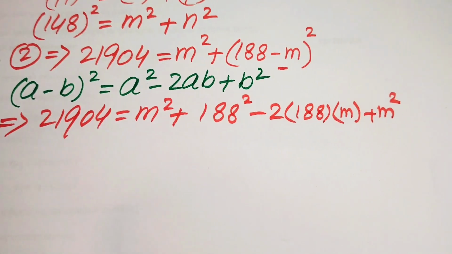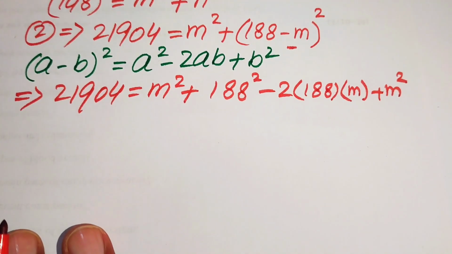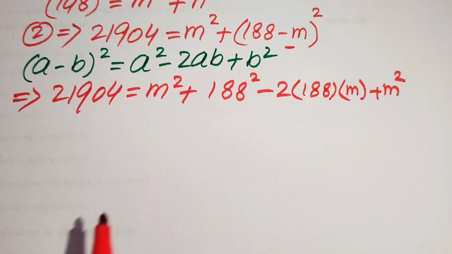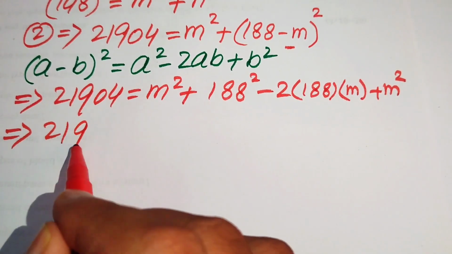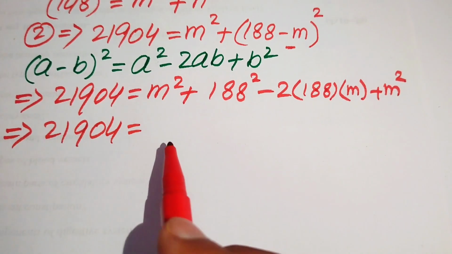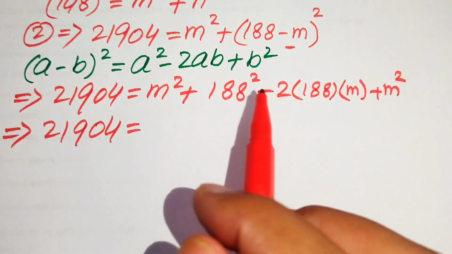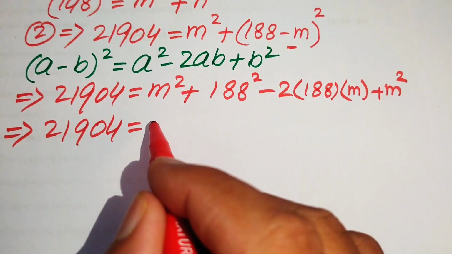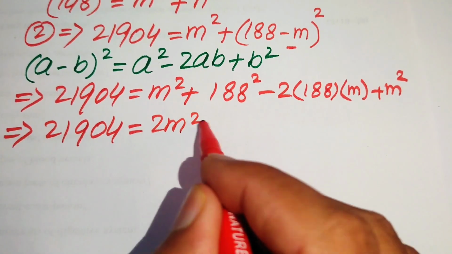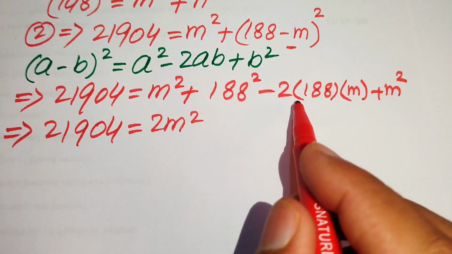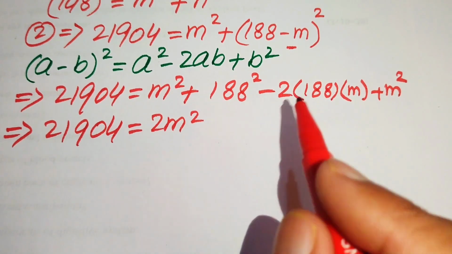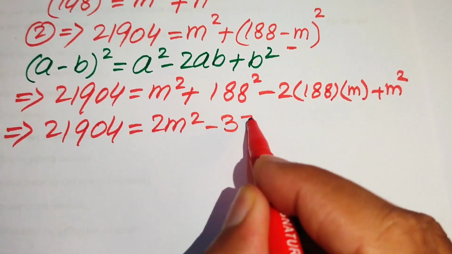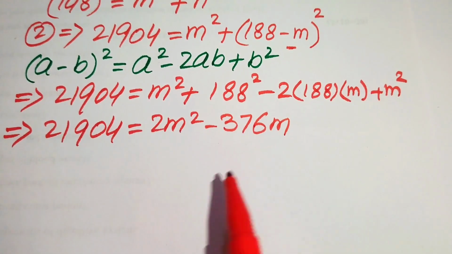So we used the nice formula on the term above, and now we need a little bit of simplification. We have 21,904 equals m square plus m square, which is 2 times m square, and minus 2 times 188, which is written as minus 376 times m.